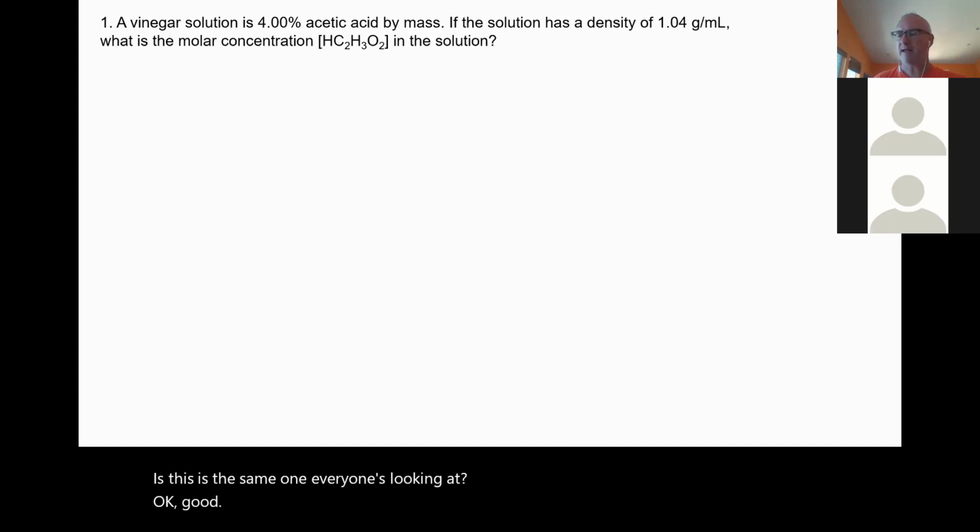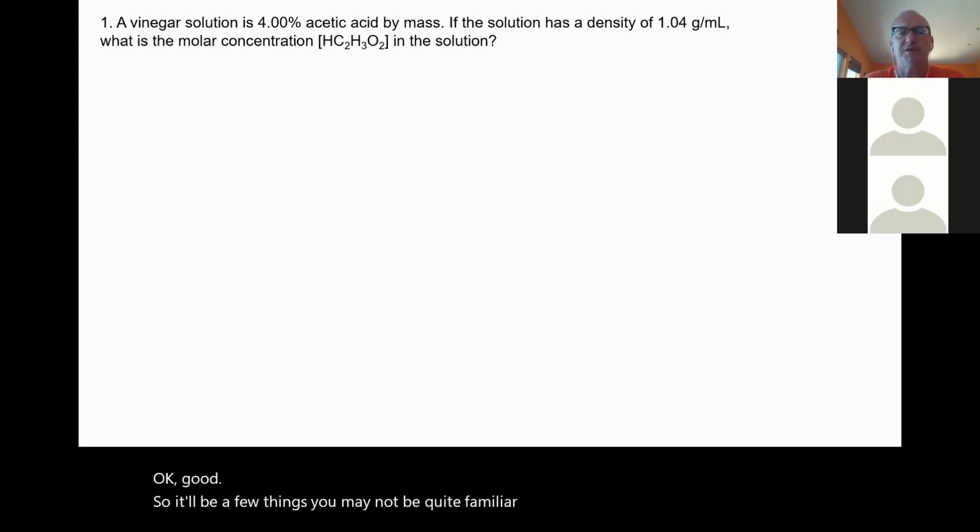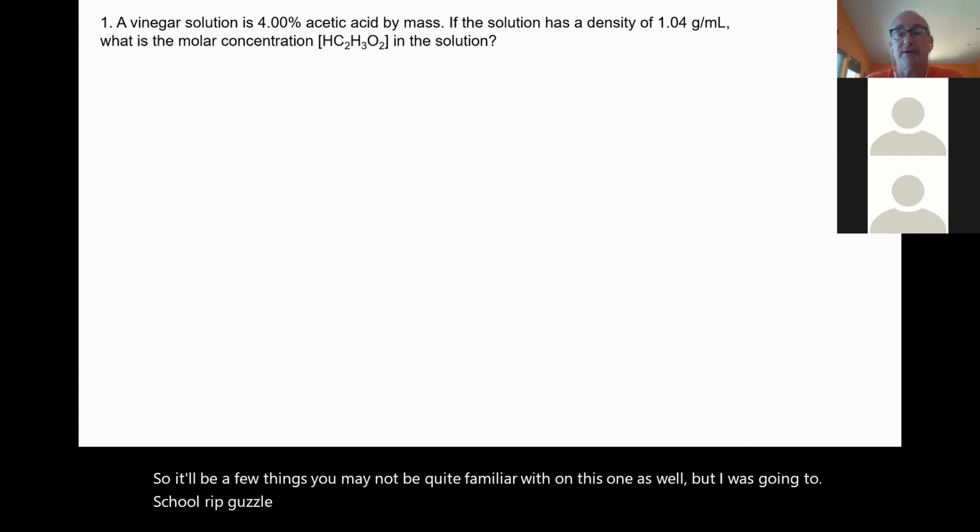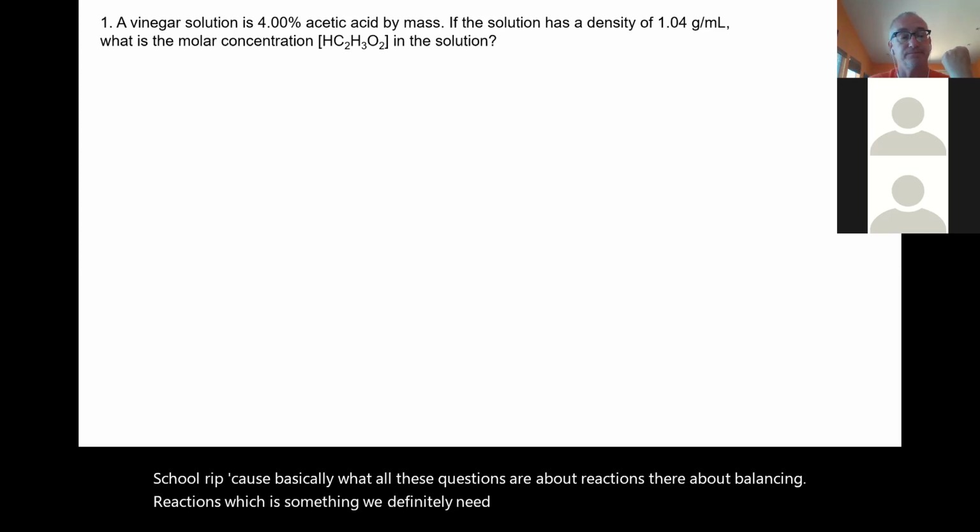So there'll be a few things you may not be quite familiar with on this one as well, but I was going to go over it because basically what all these questions are about is reactions. They're about balancing reactions, which is something we definitely need some practice doing.